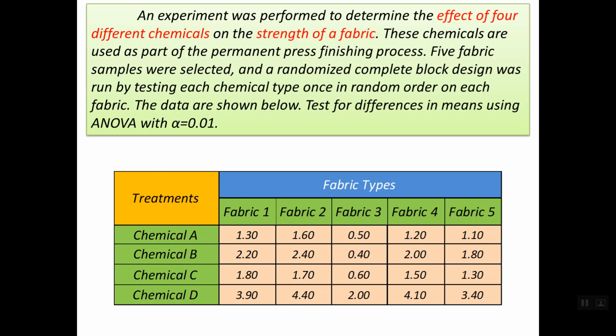Test for the differences in means using ANOVA with alpha equal to 0.01. So this is the question. We have 4 treatments, which are the 4 types of different chemicals, and we have 5 samples of fabrics.